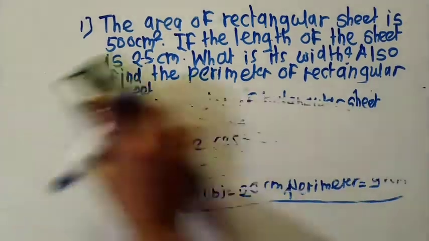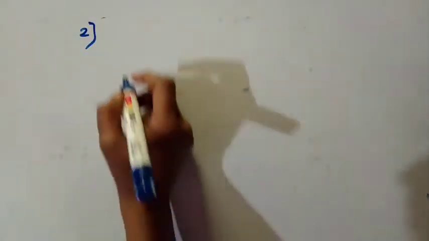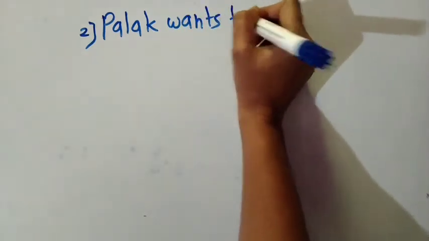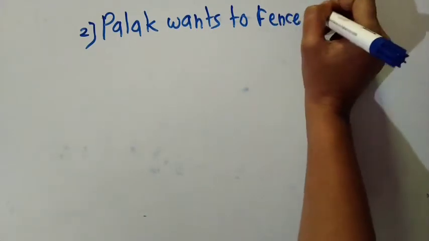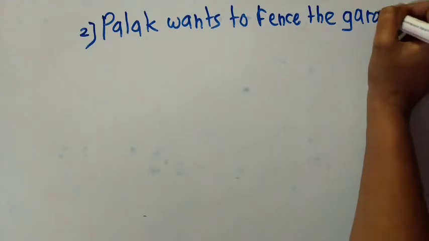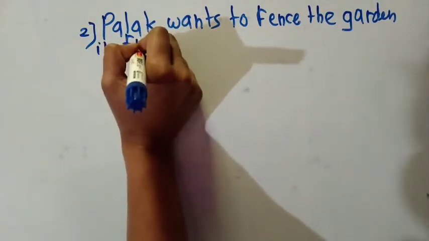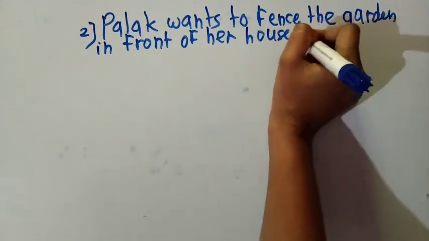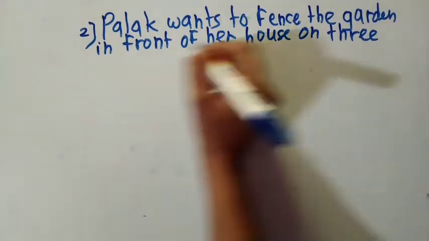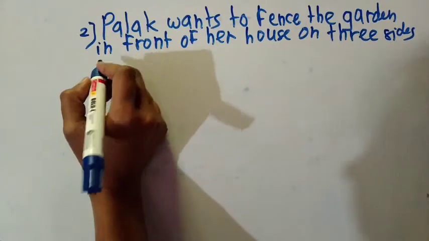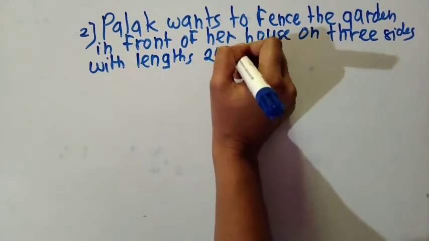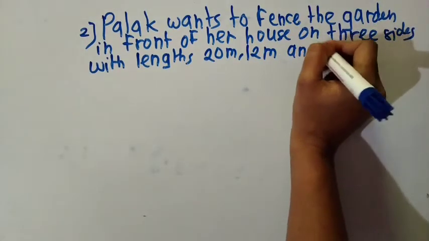Then we give the second example. Palak wants to fence the garden in front of her house on three sides with length 20 meter, 12 meter and 12 meter.